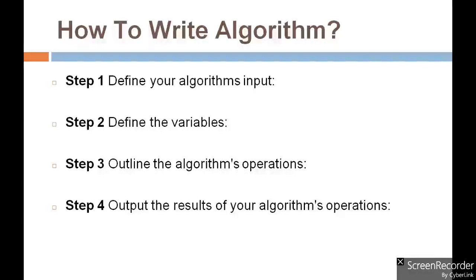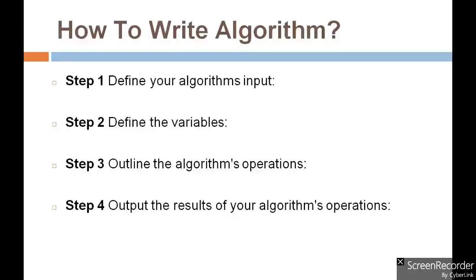That means whenever we try to make a solution of any problem, the first step is identifying which input data are required while solving the problem, and that is our first step, define your algorithm's input. Then second step, define the variables.